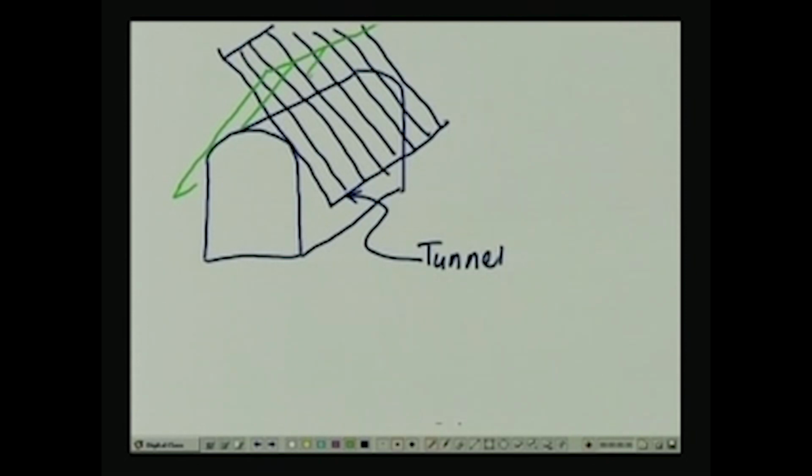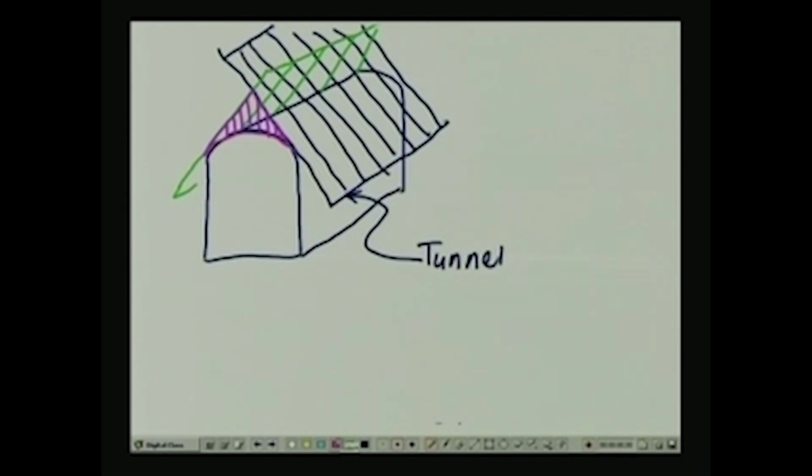So here you have got this type of joint. Now you can see that this particular joint configuration is going to be bad for this tunnel construction, because this much of wedge of rock just above the ceiling of the tunnel will always be prone to failure or collapse within the tunnel volume.